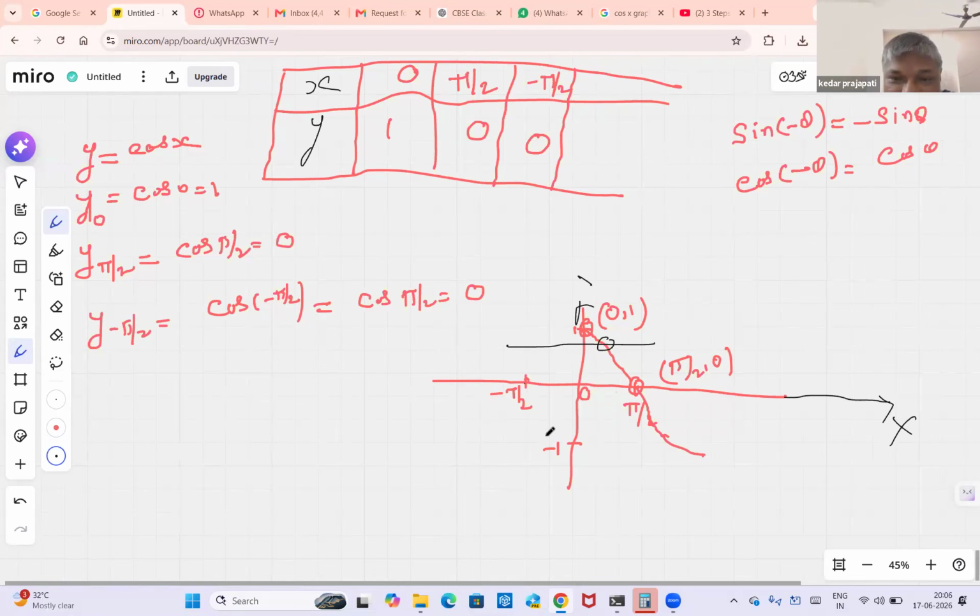Right? The same thing will happen in the bottom also. So now until here to here, this graph is defined. Correct?